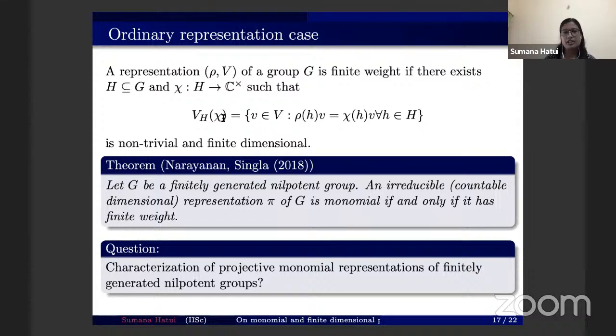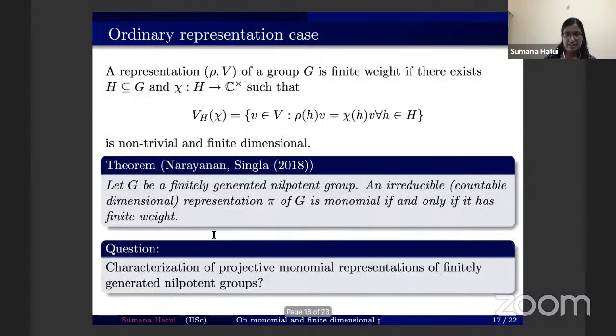This is of course a subspace of V. If this is finite dimensional, then we say rho has finite weight. Narayanan and Singla proved that if G is a finitely generated nilpotent group, then an irreducible representation pi of G is monomial if and only if it has finite weight. This was a generalization of Segal's result.